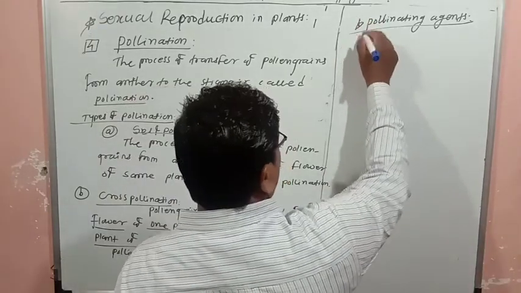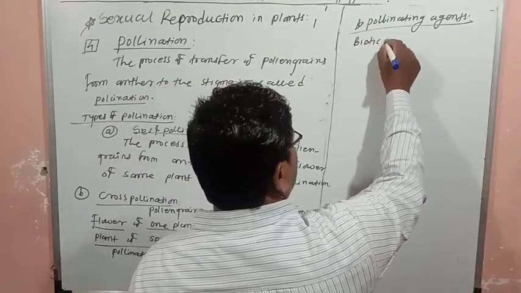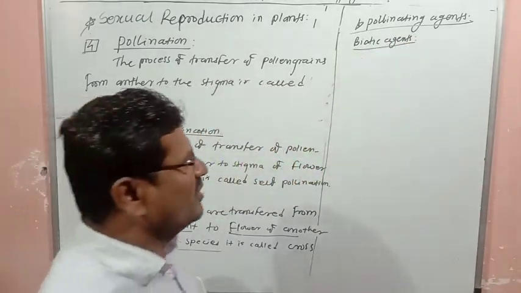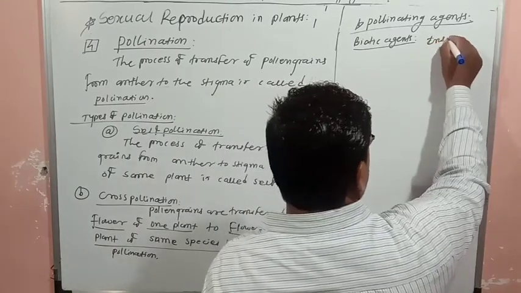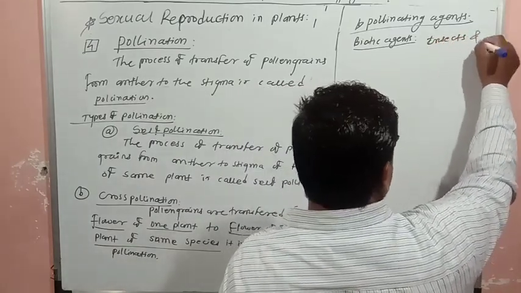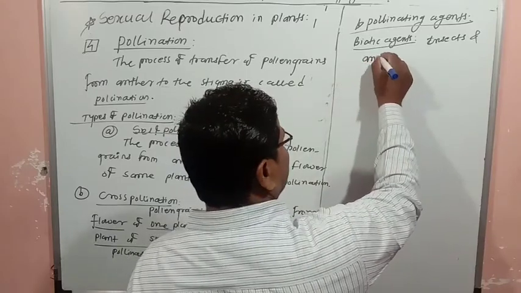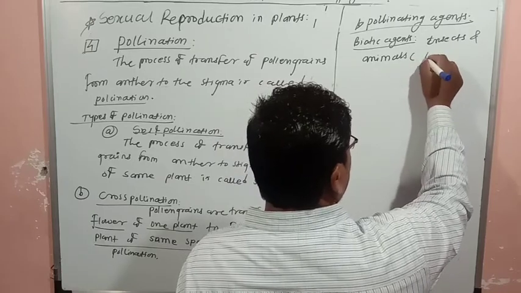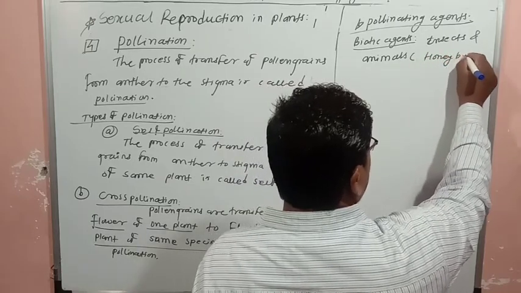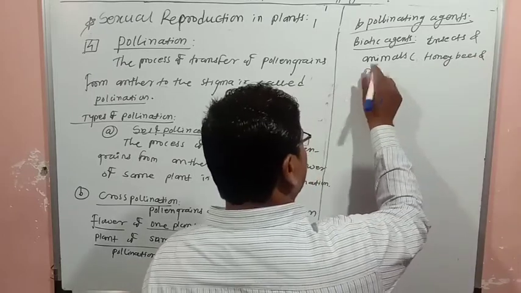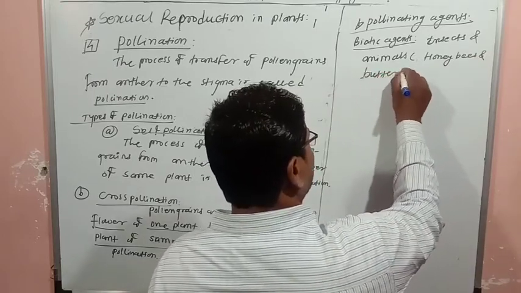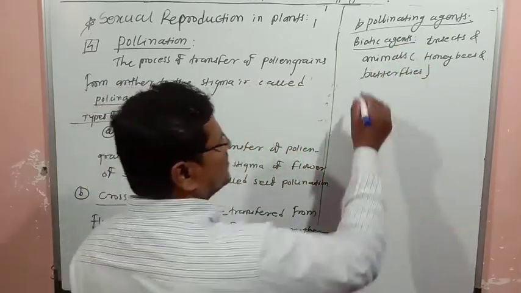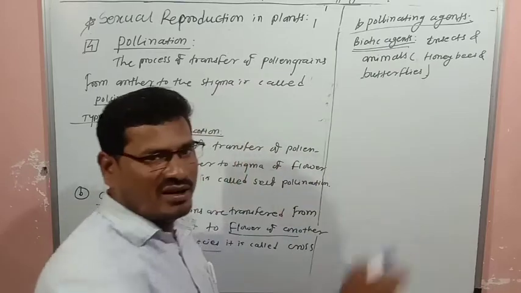In pollinating agents, which biotic agents are helping? Insects and animals. In insects, you can say honeybees and butterflies. They are helping to transfer pollen grains from the anther to the stigma of the same flower or another flower.